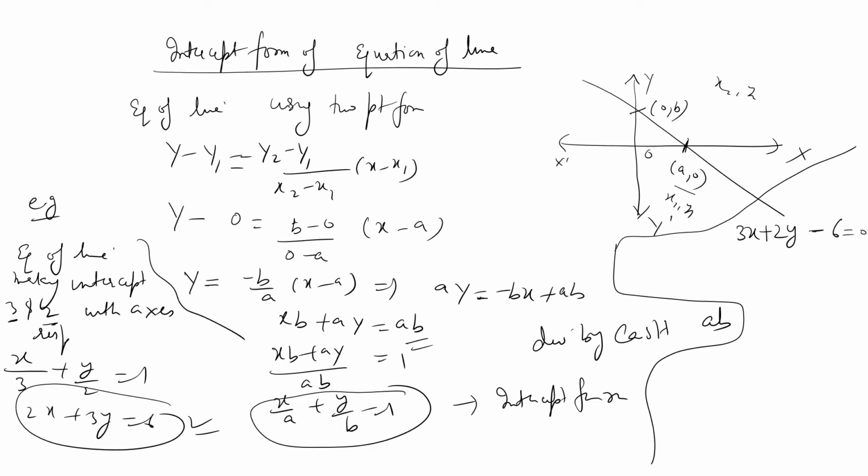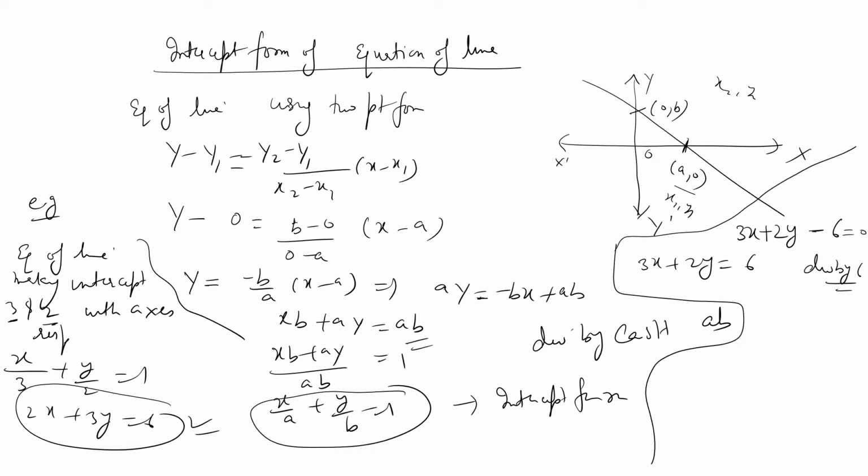So if I need to change this equation to intercept form, what I need to do is take the constant first to the other side. Whatever negative sign is there, adjust it, so that here I am free from the negative sign: 3x plus 2y is equal to 6. Now the next thing is to divide both sides by the constant 6.